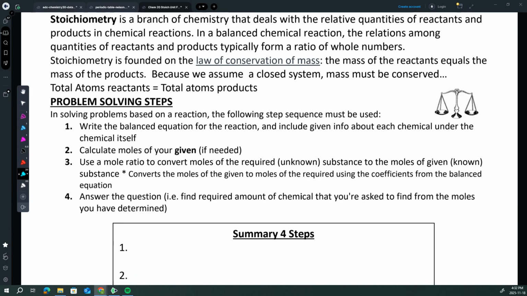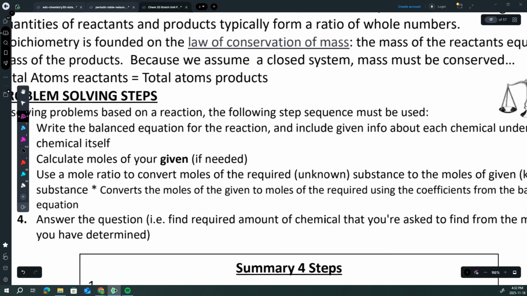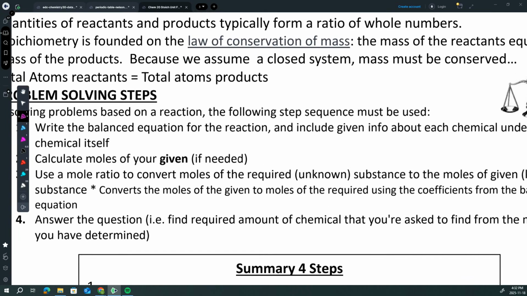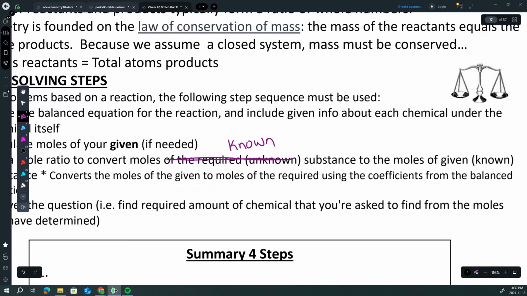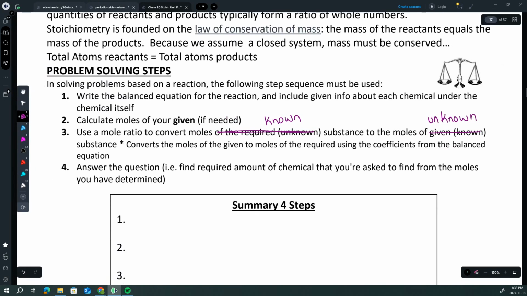In step number 3, we're going to have to make some adjustments here. We're going to be using a mole ratio to convert moles of the known substance to the moles of the unknown substance. And then step number 4 is just answer the question.